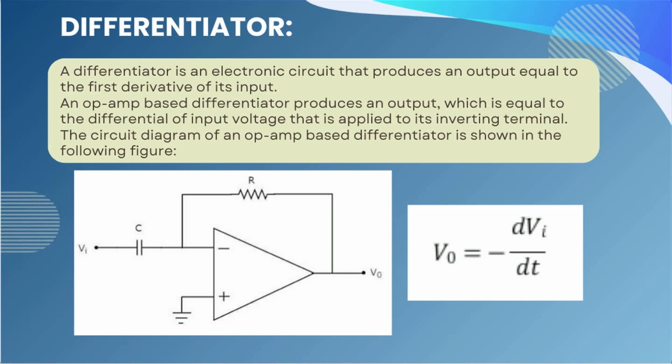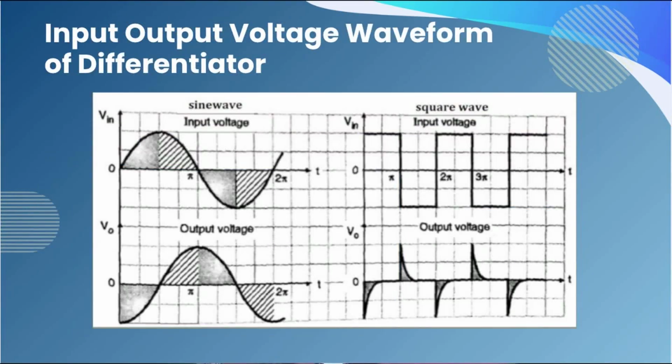So the voltage at the inverting terminal is 0 volt. The output voltage of the differentiator circuit is V0 equals minus d/dt of Vi, where Vi is the input voltage applied to the inverting terminal. These waveforms are the input-output voltage waveforms for the differentiator. When the input is sinusoidal, there is a phase difference in the output voltage.